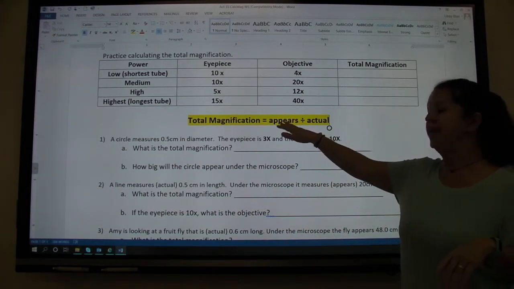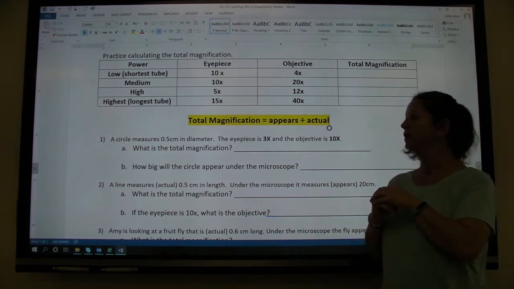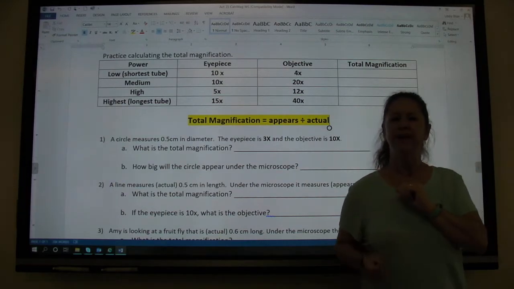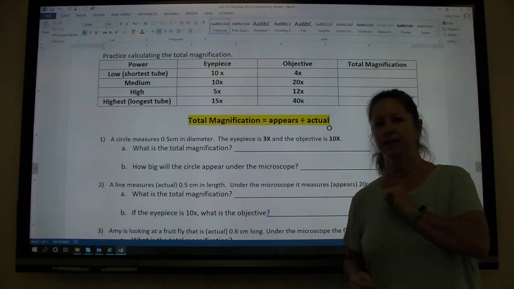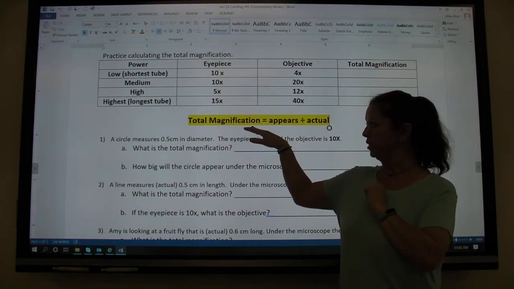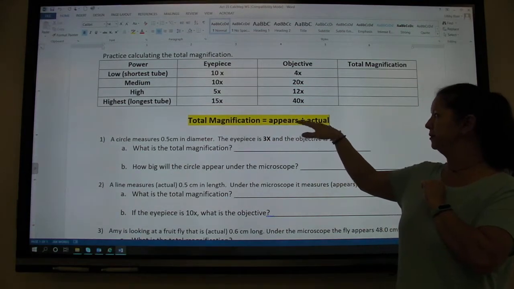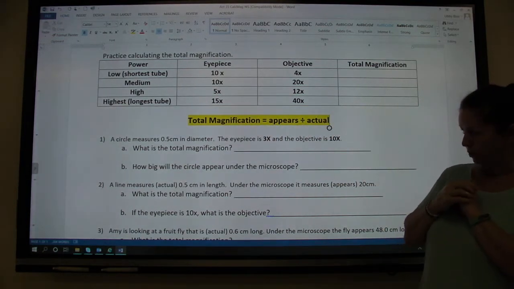We call that appears, what it looks like using the microscope, and actual, how big is that object in real life. And to find the total magnification, total magnification equals appears divided by actual.